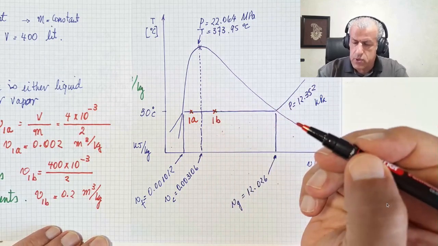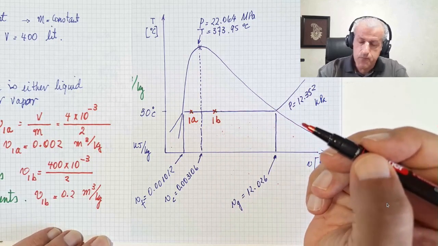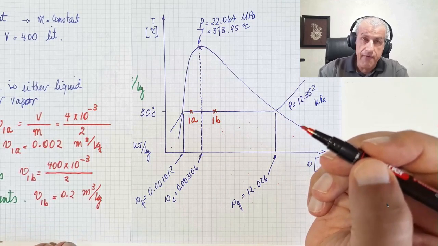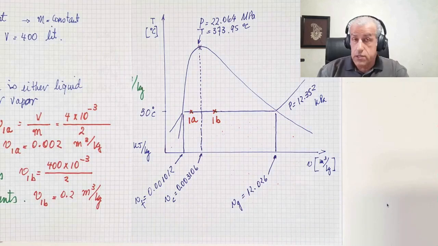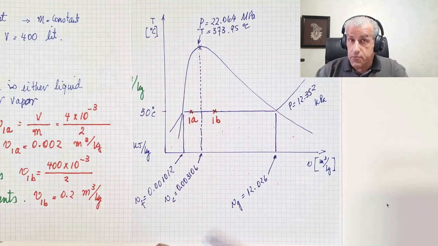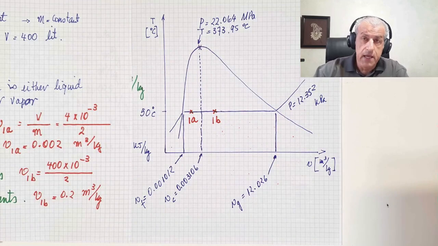It is point 1B. Now we have our initial conditions, and what you have to do is to see what the process is. And what would tell us about that is the mass conservation law. Well, I shall solve the rest of this problem in part B. Thanks for watching and cheers.